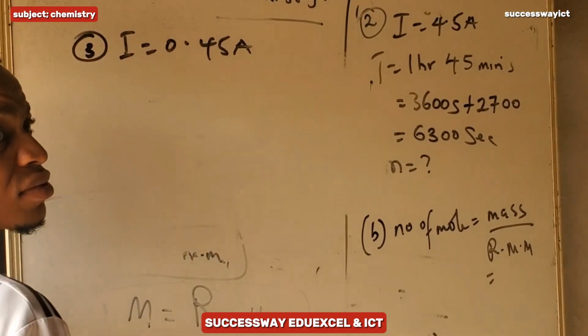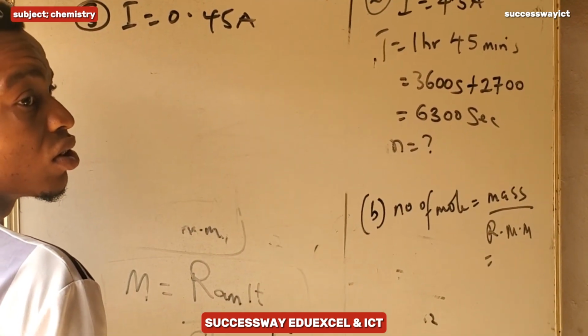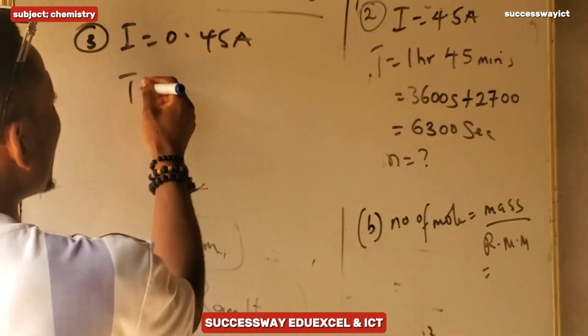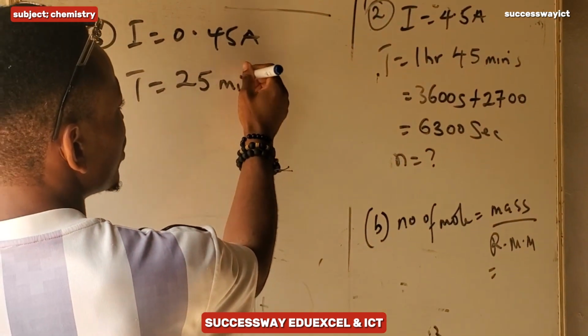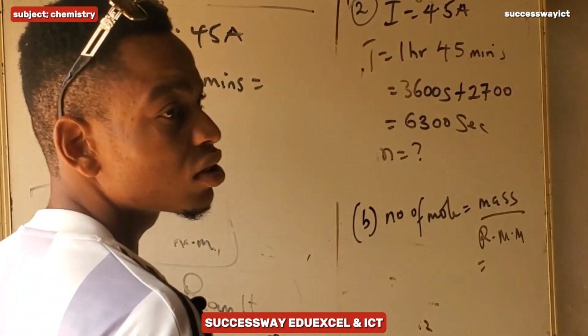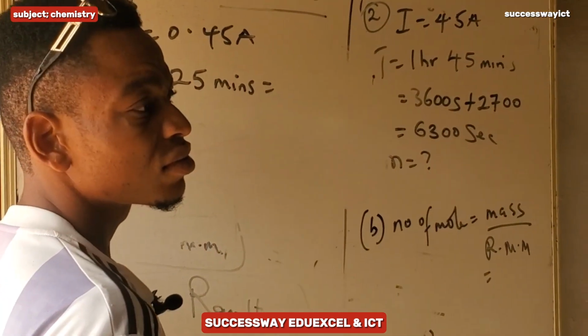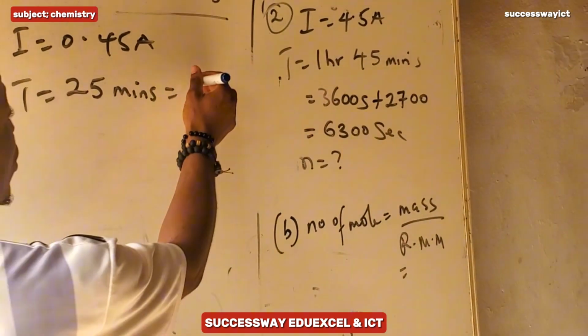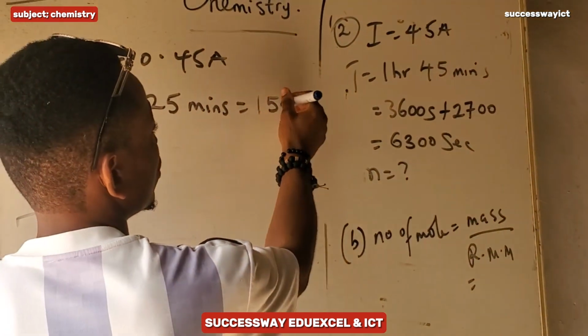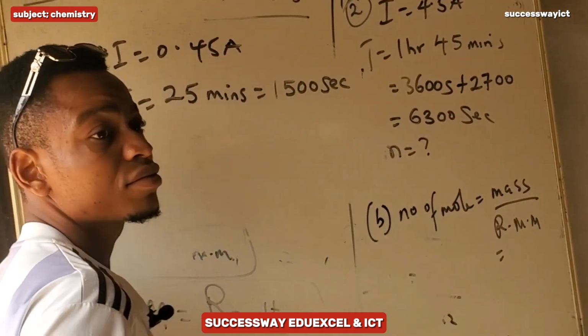Okay. 25. Why 25 minutes? In seconds. So what will you get? 1,000. Are you sure? Okay.